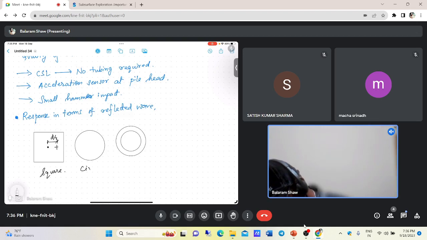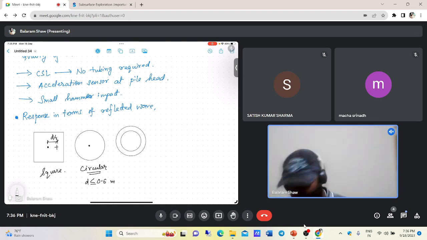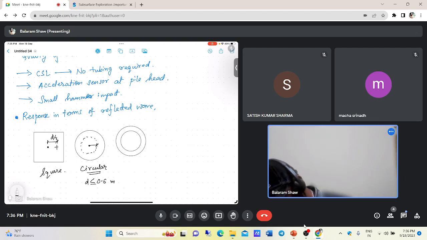For circular piles, if the diameter is less than or equal to 0.6 meter, and the sensor is put at the center, then the hammer impact should be at d by 4 radial distance.